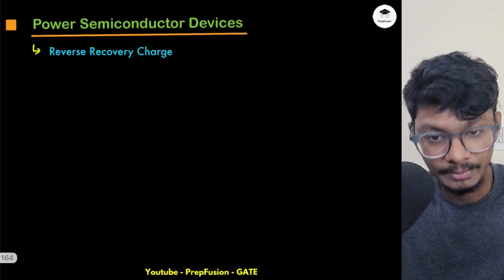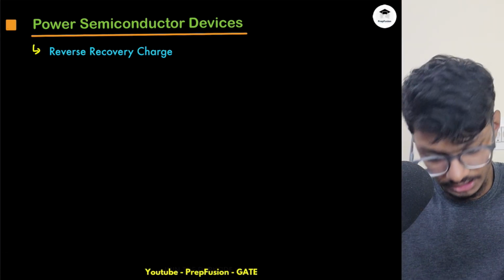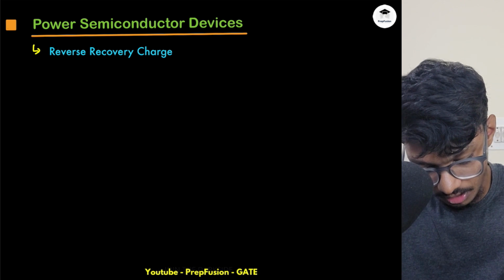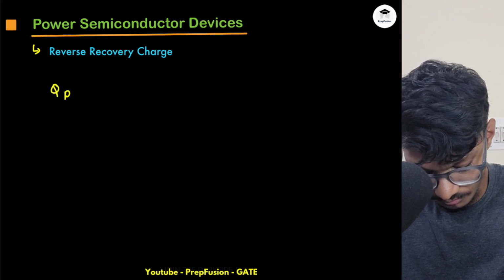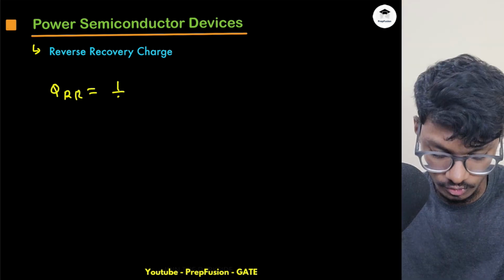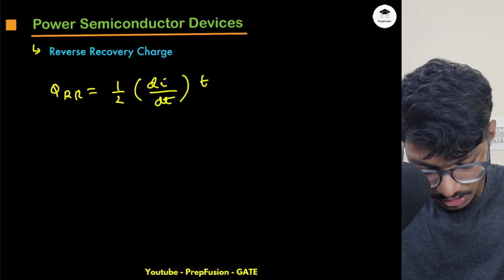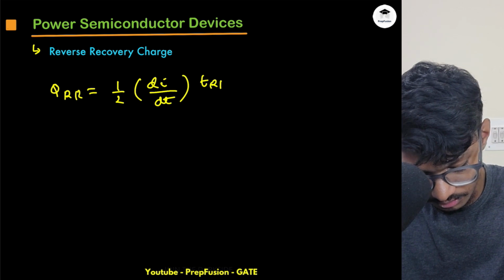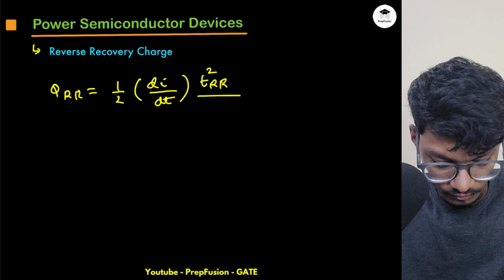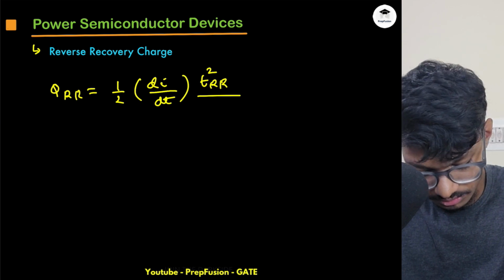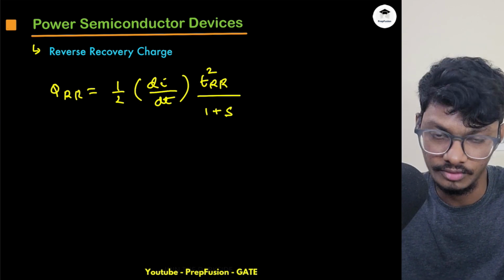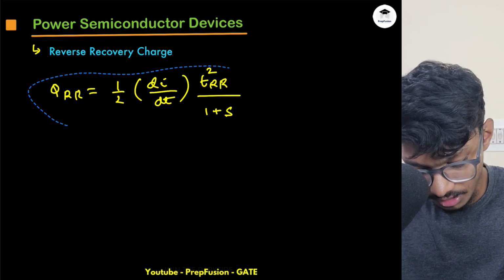If I replace T4 in that equation, my QRR will become 1 by 2 di by dt into TRR whole square divided by 1 plus S. Now QRR is this.